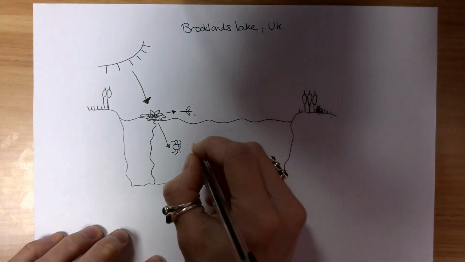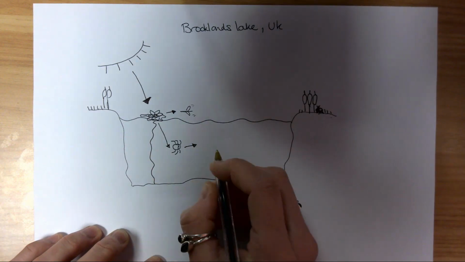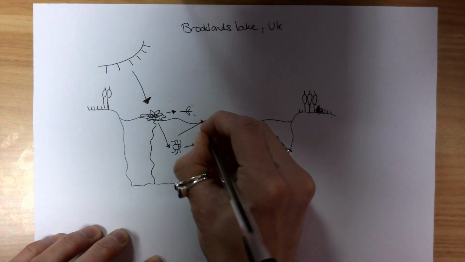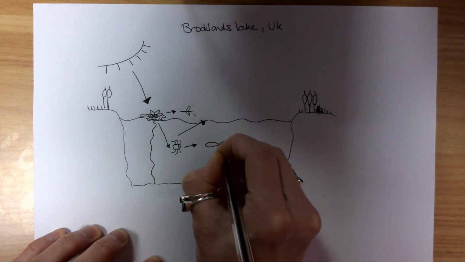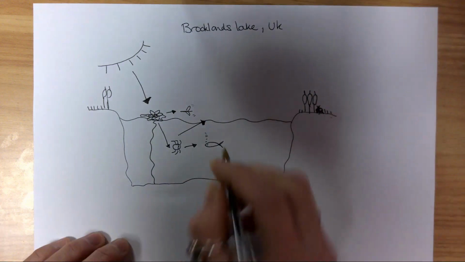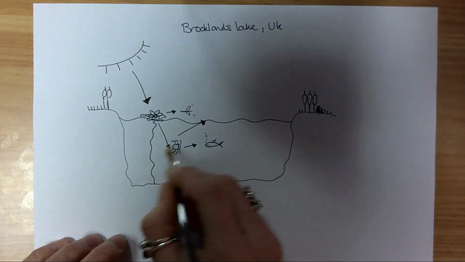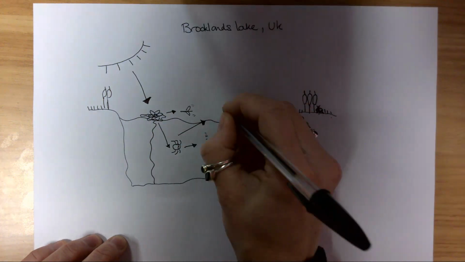And from here we have our next level of consumers. So these are our primary consumers. And if you've been down to Brooklands Lake, you will see a variety. If you're lucky enough, swimming around in the water, you can see the fishes living their best life, having a great time. And these fish consume mostly the invertebrates, or insects.